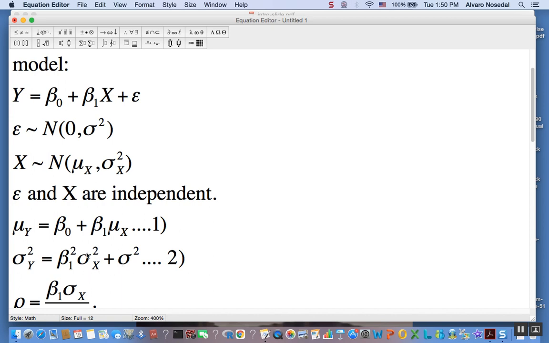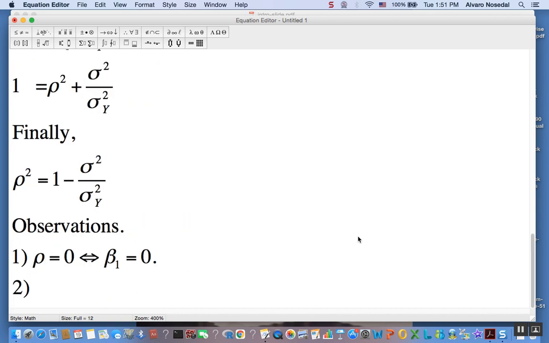This variance is non-negative, beta 1 square is non-negative. So the variance of y is greater or equal to sigma square, the variance of those random fluctuations. So let me just say that, and I will copy paste this. It could be useful, it will be useful.